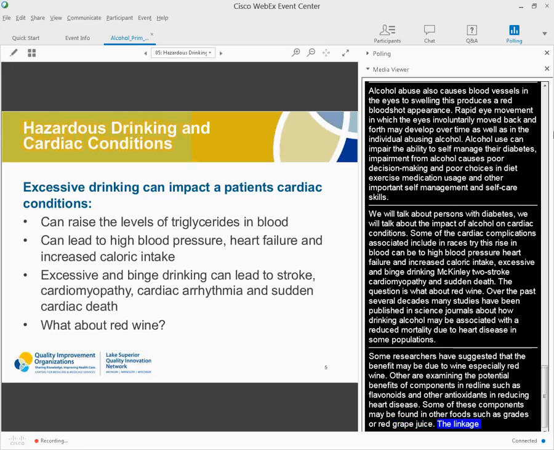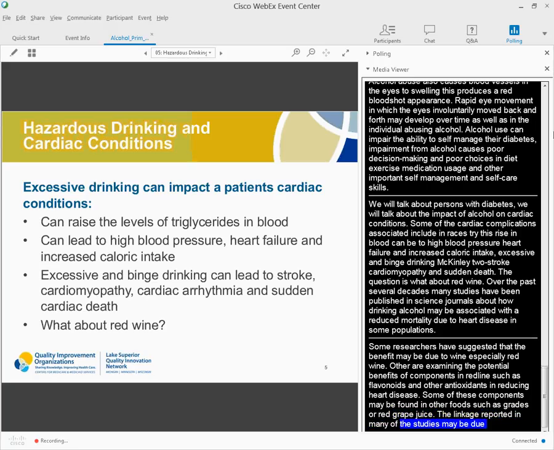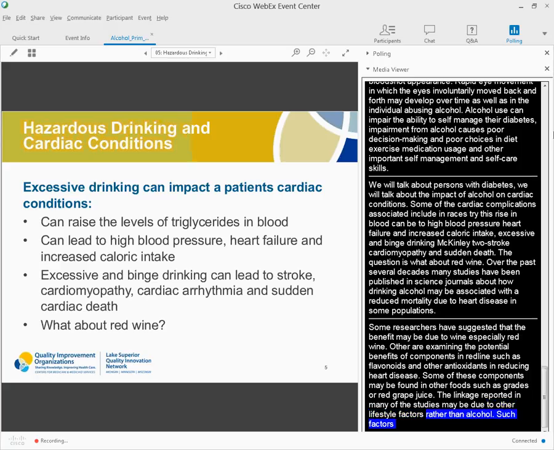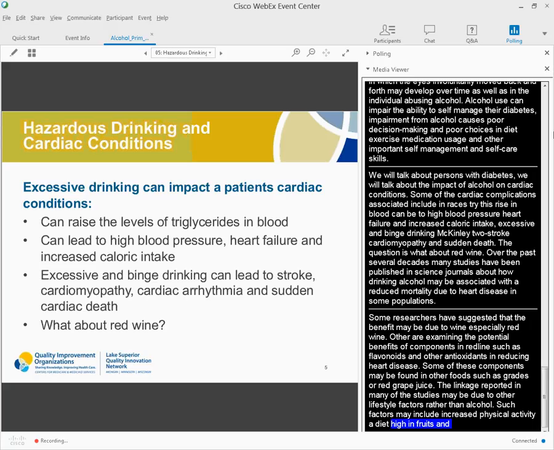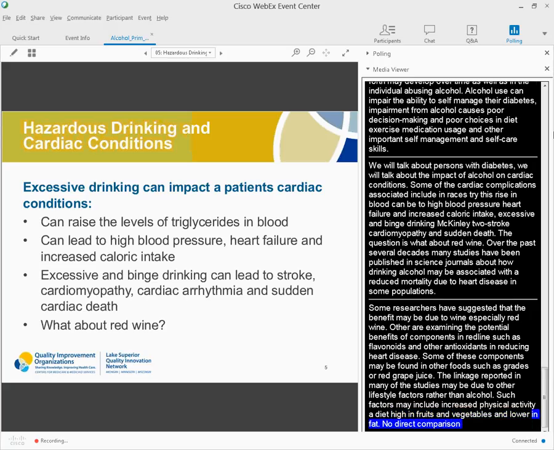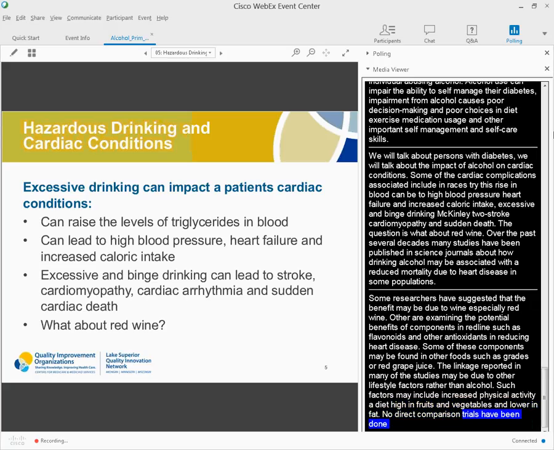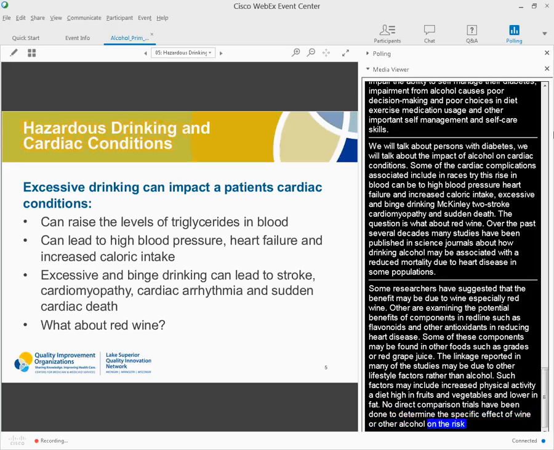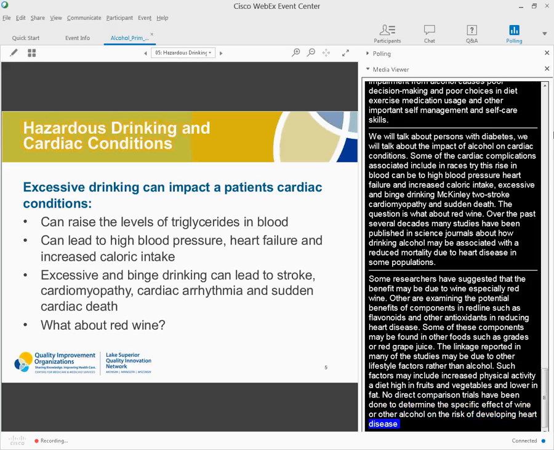Such factors include increased physical activity, and a diet high in fruits and vegetables and lower in saturated fats. No direct comparison trials have been done to determine the specific effect of wine or other alcohol on the risk of developing heart disease or stroke, or in reducing the risk of cardiac problems.